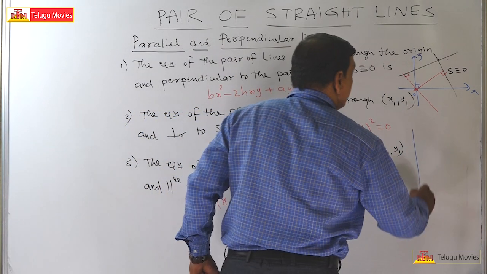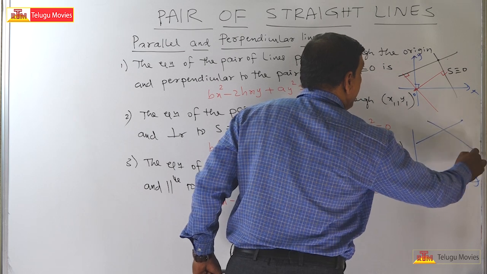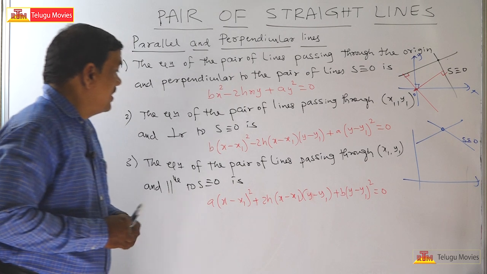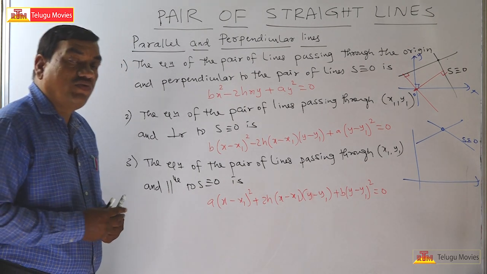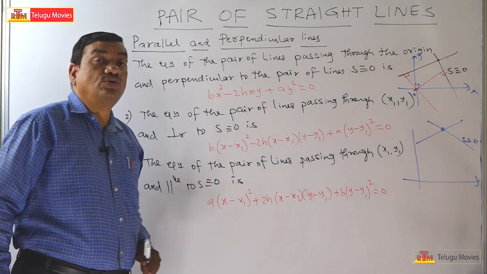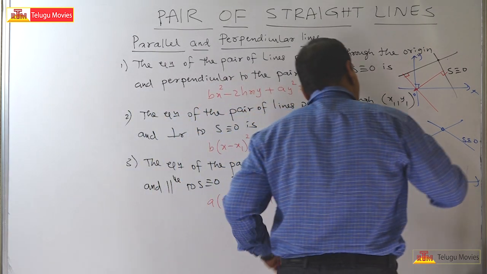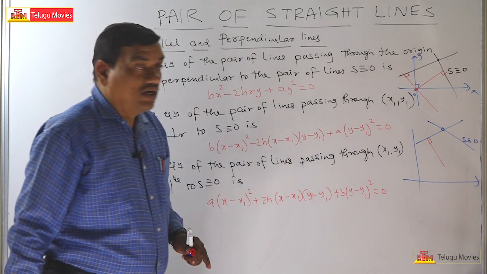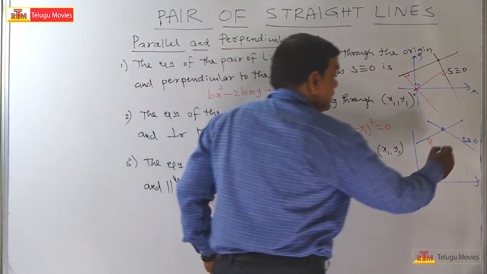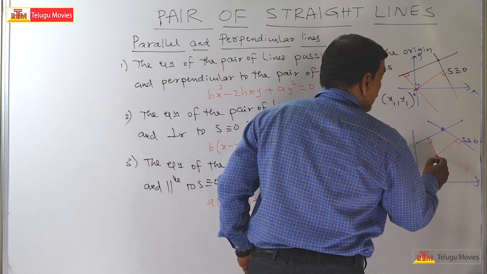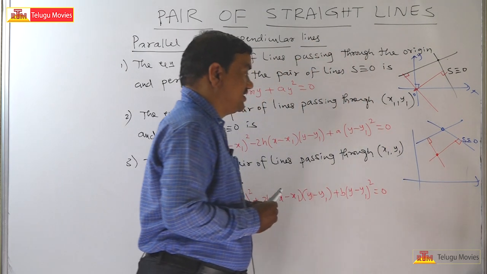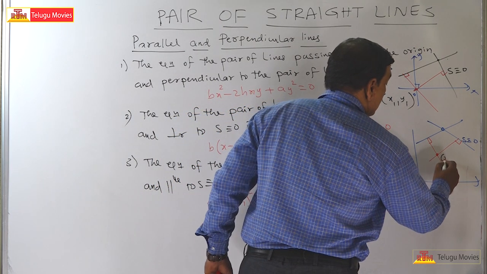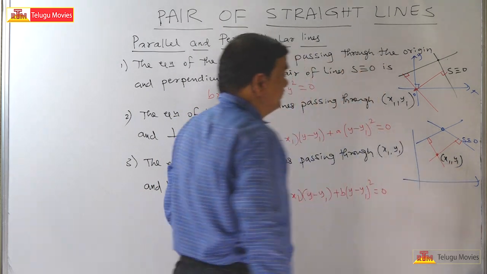See here, this is one pair of lines, with equation S is equal to 0, and another set of lines are perpendicular to these lines. This is the first line perpendicular to the given line and this is another perpendicular line. This is the point of intersection, that is x1 comma y1.